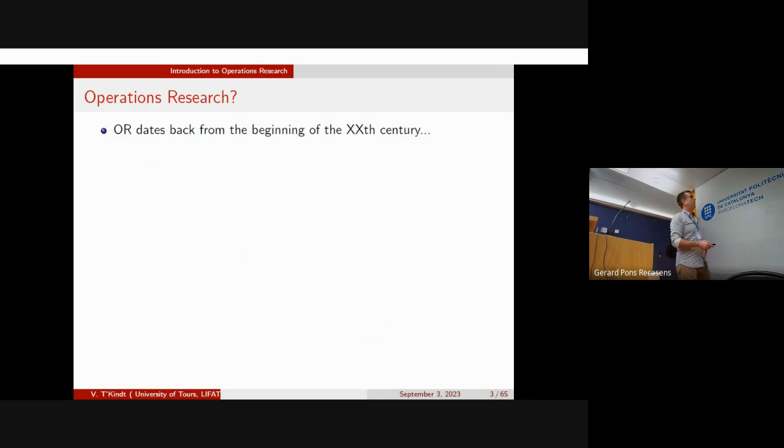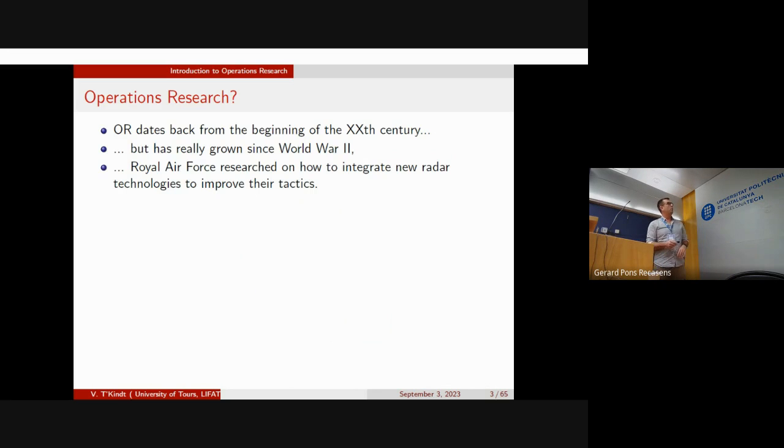So let's go. Before exactly defining what is operations research, just a bit of history. Operations research is a research field that dates back mainly from the beginning of the 20th century. So we can find the first works on that topic at this time, but it really grew up since the Second World War, because of the Royal Air Force that researched how to integrate new technologies in radars, and how to position radars along the coast to detect the German activities.